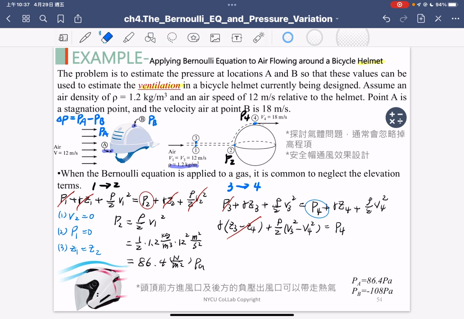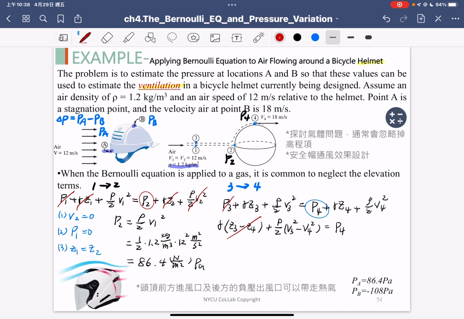So we just remove the elevation term for point 3 and point 4. Okay, so we just ignore the pressure variation induced by the elevation difference.